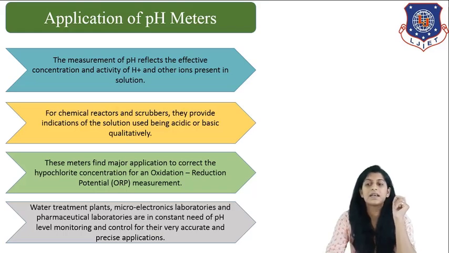Next, the meter finds major application to correct the hypochlorite concentration for oxidation reduction potential, correct? And even in wastewater plants, microelectronic laboratories and pharmaceuticals, as I already discussed, it has a huge application in determination of pH.